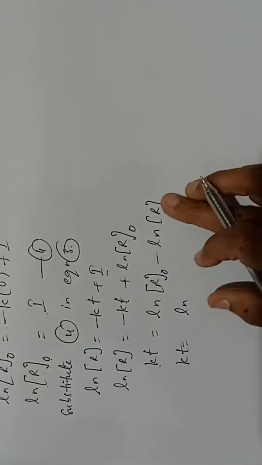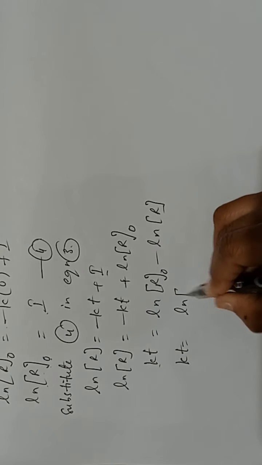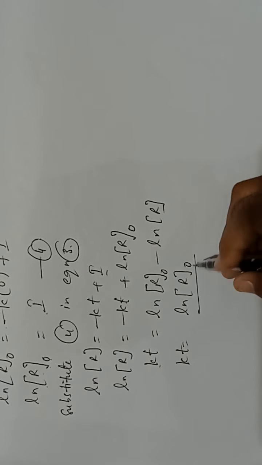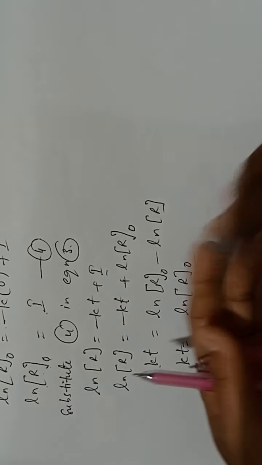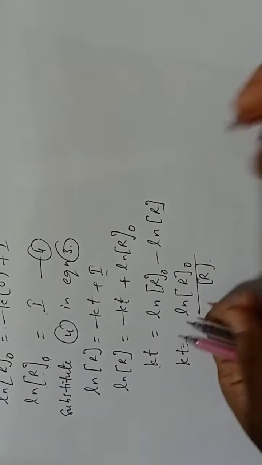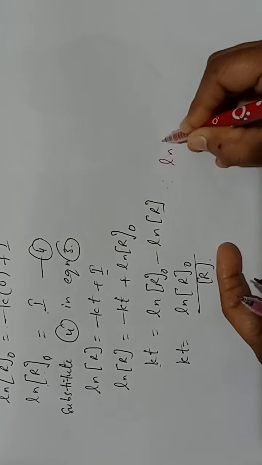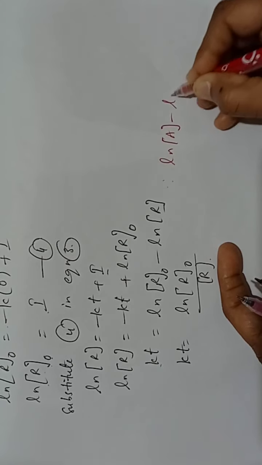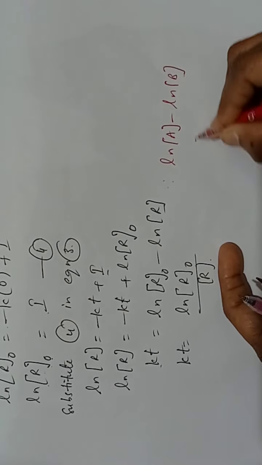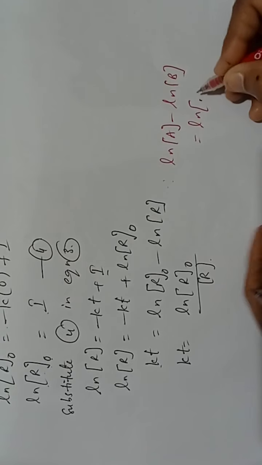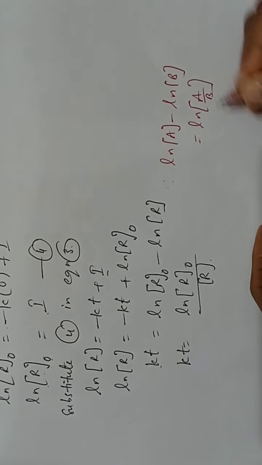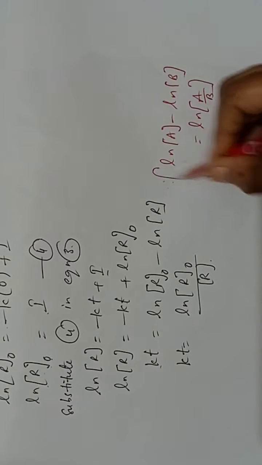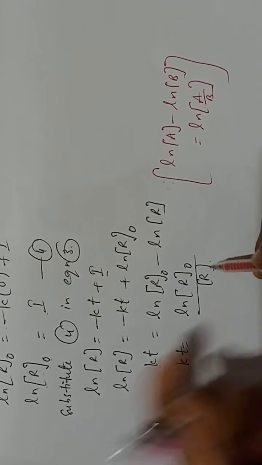Ln a minus ln b is ln of a by b, correct? So kt is equal to ln of r naught by r. What is the formula, students? Ln a minus ln b is equal to ln of a by b. So that's why we use this formula, ln of r naught by r.